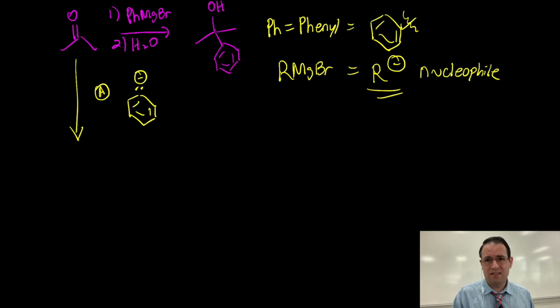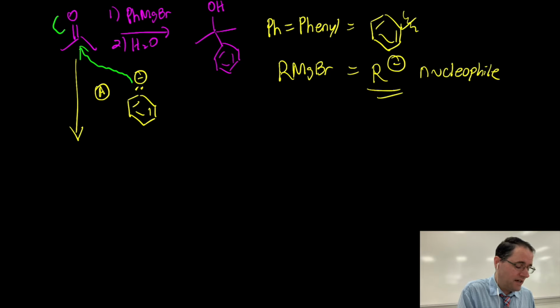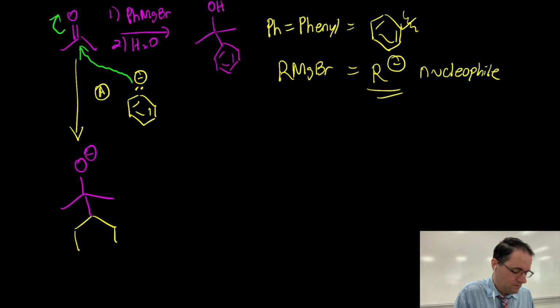A carbanion is a carbon that's negatively charged because it has a lone pair. And so what we want to do is attack. This is very similar to hydride reagents. We attack the carbonyl, electrons move up to the oxygen, and you get the alkoxide that's formed here. And so we've added this phenyl group now. So this is a carbon-carbon bond-forming reaction.